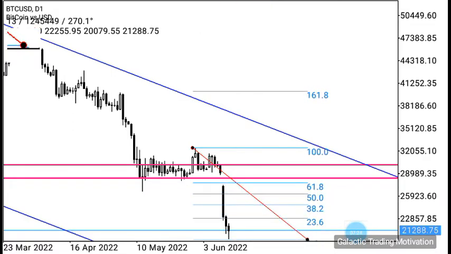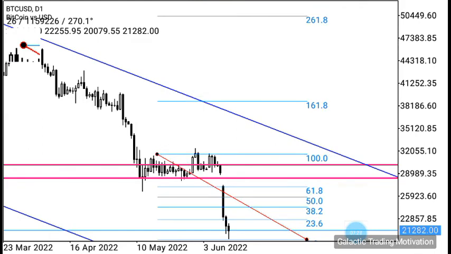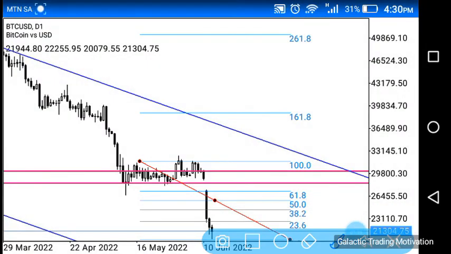There we go. So the neckline doesn't quite align with the 61.8% zone or the 50% zone. I'm focused on these two zones because in my humble opinion they are the most important. Nonetheless, let's keep moving forward.